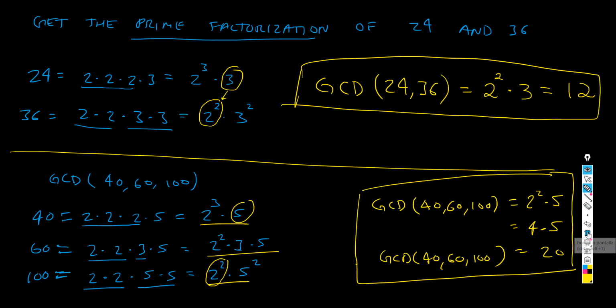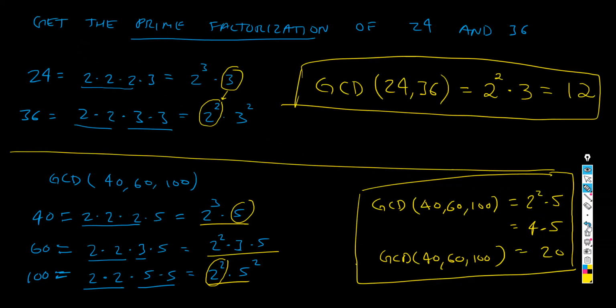Now, question, guys. Do you think this method will change if instead of constants, because you have to agree that I'm giving you constants here, I want you to get the GCD of a constant, another constant, another constant. The same in here, you got the GCD of one constant and another constant. Now, what if the question is this?